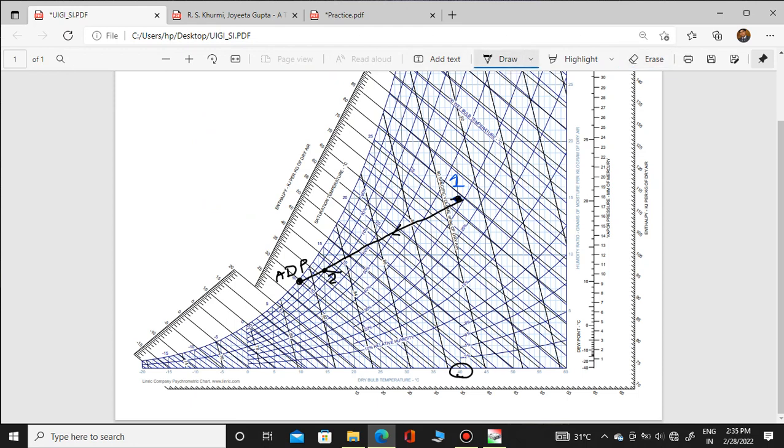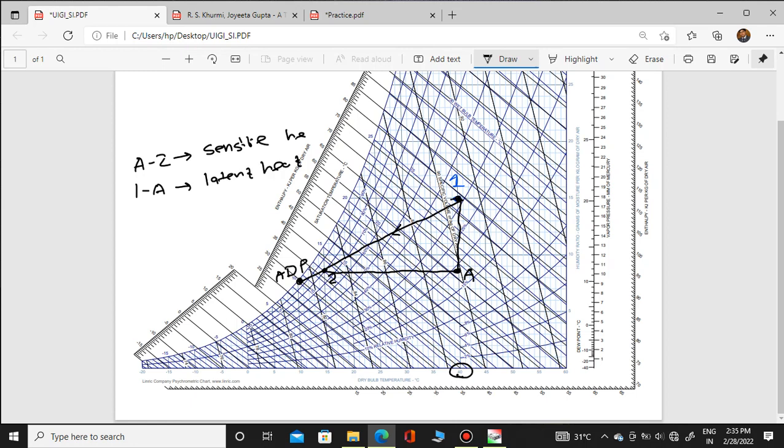This is our point 2 and this is our point 1. So this is our triangle 1, A and 2. Out of this, A to 2 will be our sensible heat. Clear? A to 2 is sensible heat, and the vertical line 1 to A is latent heat.